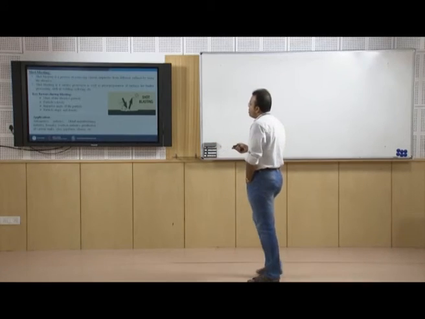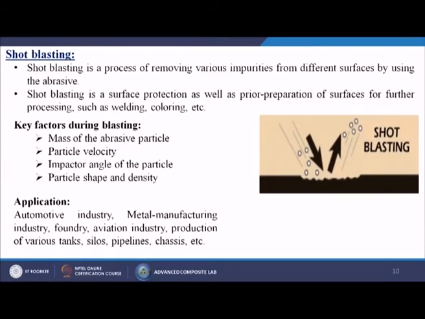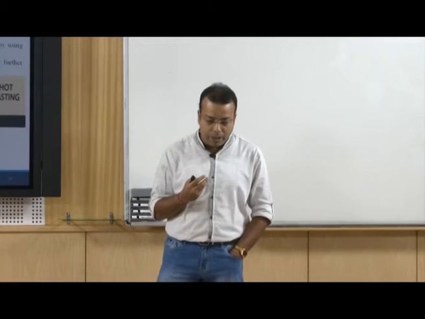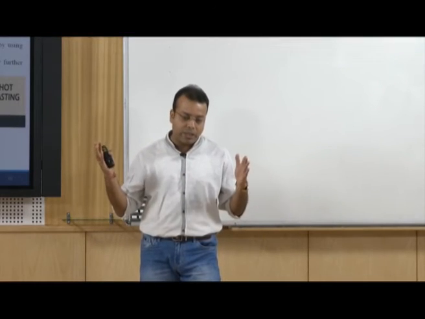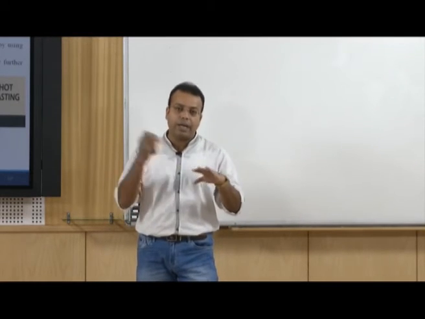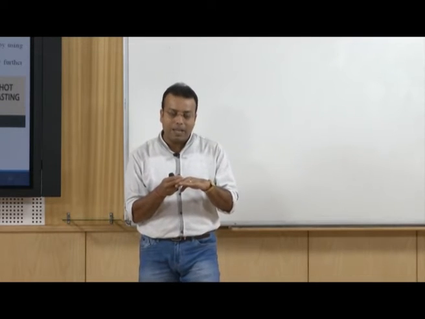So, shot blasting is used for surface protection as well as preparation of the surface for further processing such as welding, coloring, etc. Key factors: mass of the abrasive particles, particle velocity, impact angle of the particle, particle shape and density. Of course, the surface of the material depends upon the distance from which you allow those abrasive particles to come into contact with your base metal.